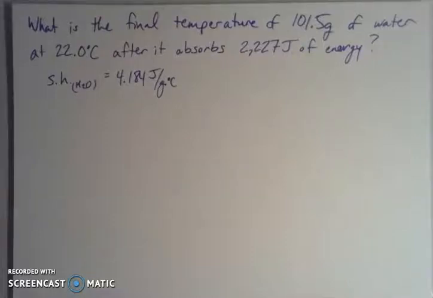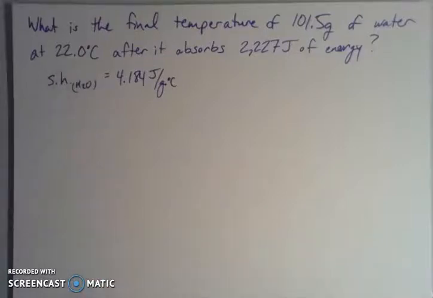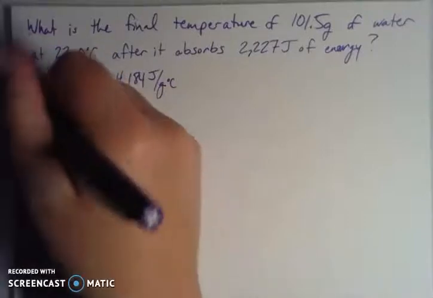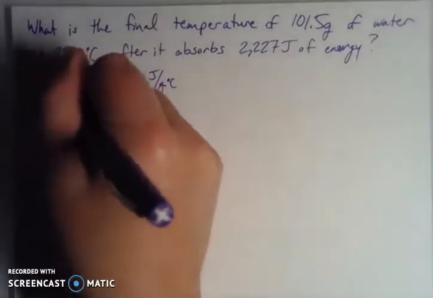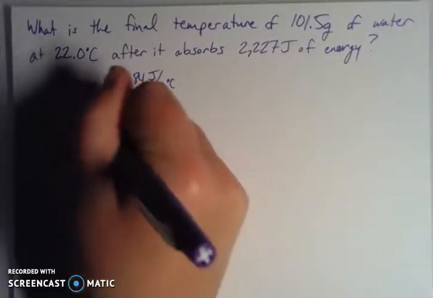What is the final temperature this time of this amount of water? It starts at 22 degrees Celsius, it absorbs a certain amount of energy, and we're given the specific heat here, and it wants to know what temperature it will end up at. So I'm solving for T final. I have T initial, 22 degrees Celsius.